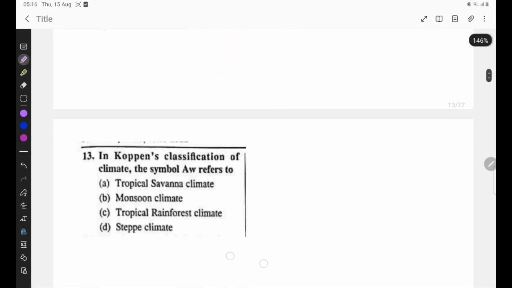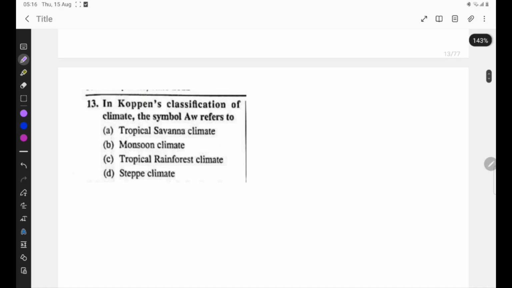Next question. Köppen's classification of climate, the symbol AW refers to tropical savanna climate.